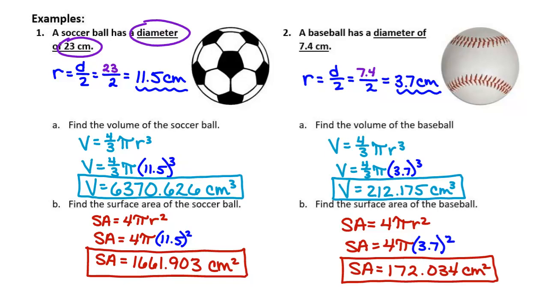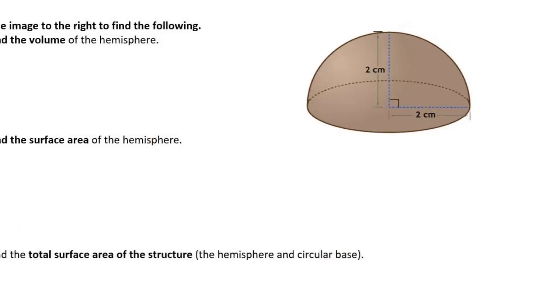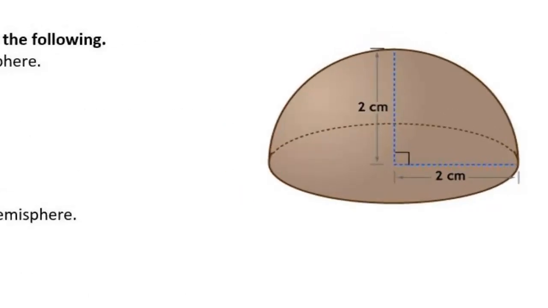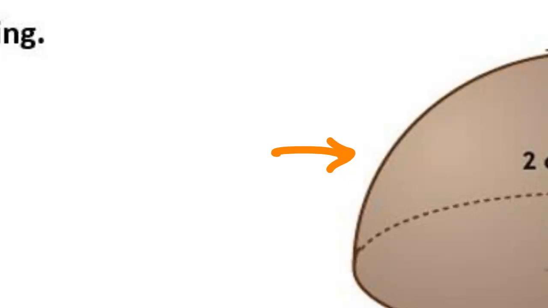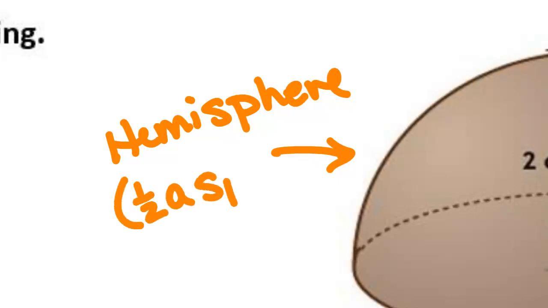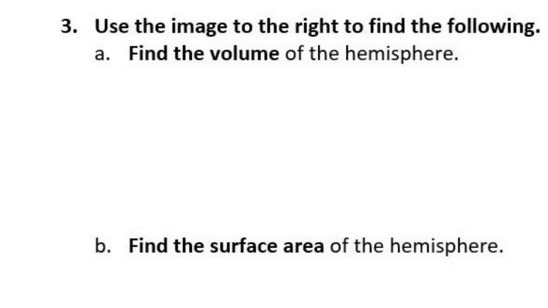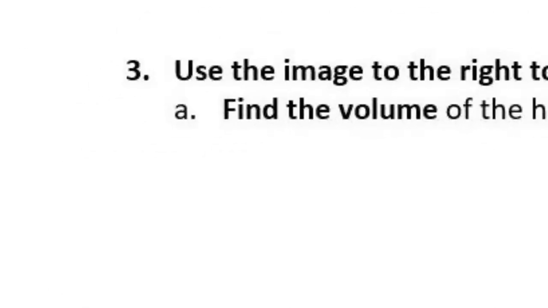Let's look at number 3. What did you guys call this shape again? Hemisphere. It is half of a sphere. We want to find the volume of that hemisphere.